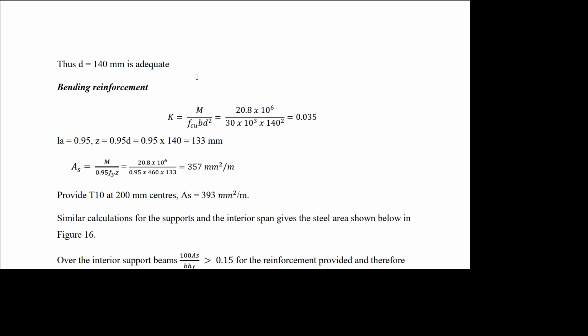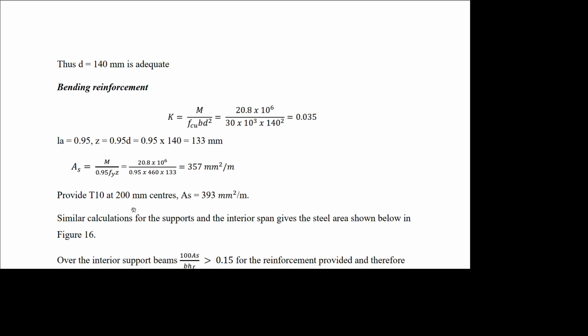After that checking, all we need to do is our normal calculation. Calculate K equals M over bd squared fcu, which is 0.035. Then we calculate our lever arm, Z equals 0.95d. Then we have our Z to be equal to 133 mm. This is your Z value.